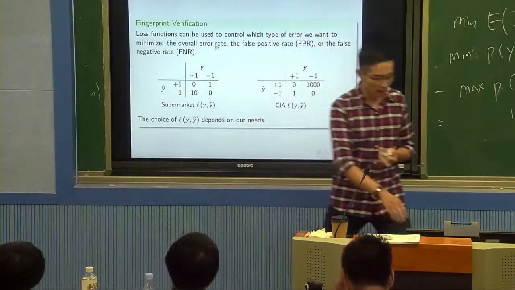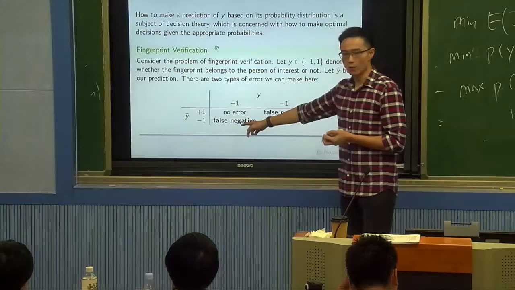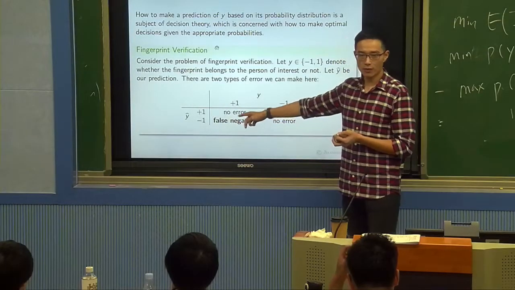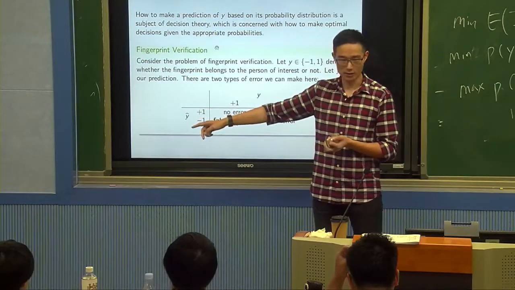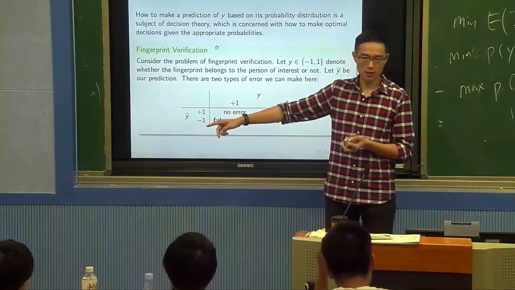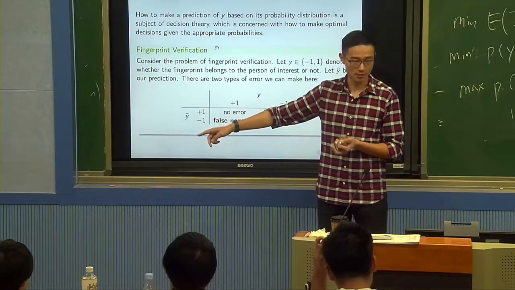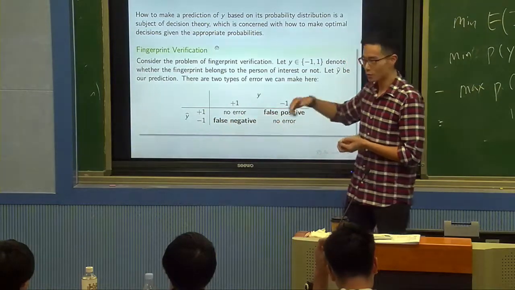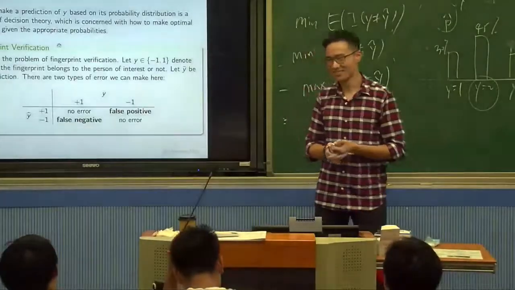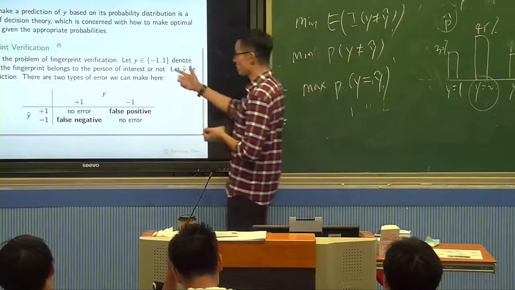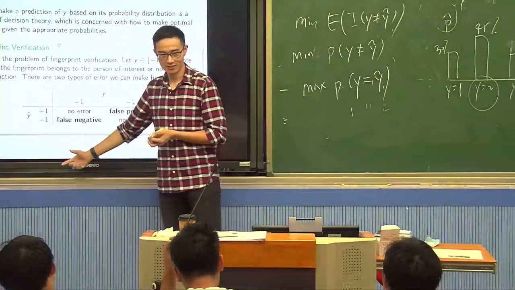In this case, what type of error are you worried about? Are you worried about giving a discount to a person who is actually not a loyal customer? Or are you worried about not giving a discount to a person who actually is your loyal customer? Which one are you more worried about from a business perspective? False positive or false negative?